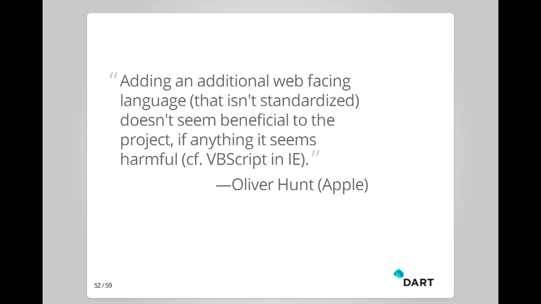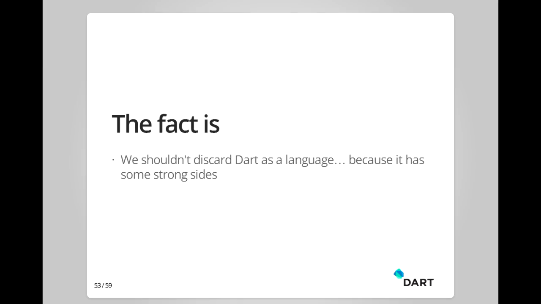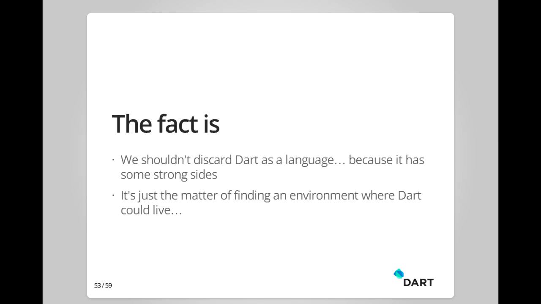The same guy also stated that he would rather include Python than Dart, because Python is a well-known language and many people just like it, and Dart is completely new. So the fact is, we shouldn't discard Dart as a language, because it has some strong sides. It's just a matter of finding an environment where Dart could live. Let's say no Dart, who knows?